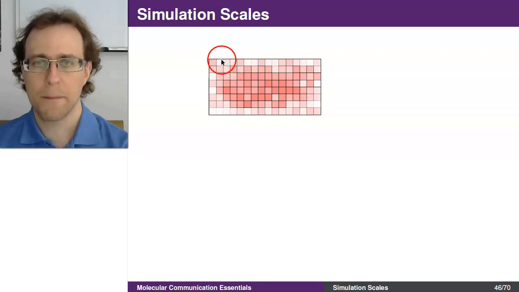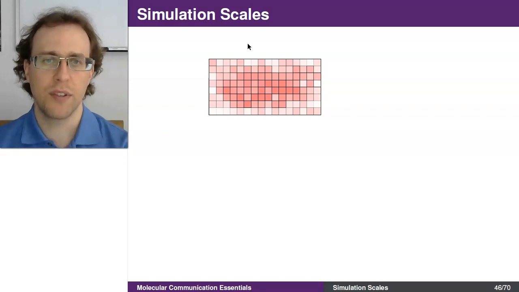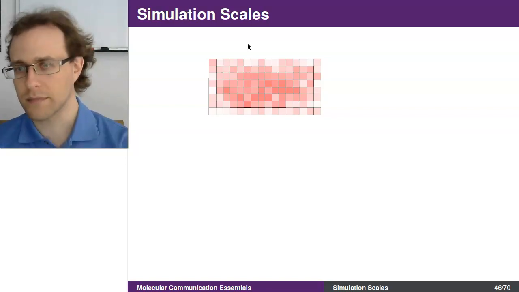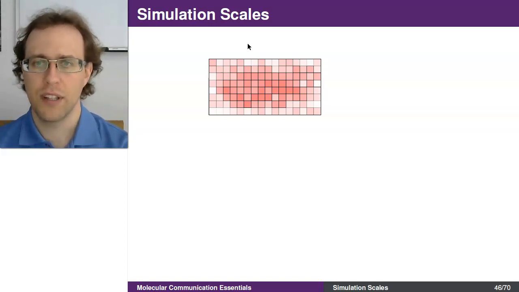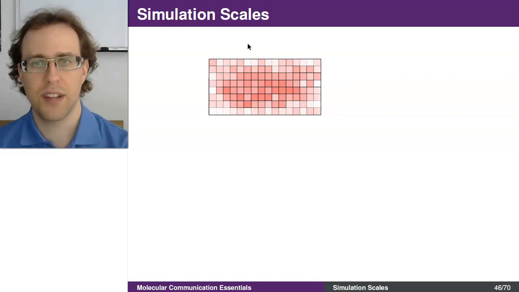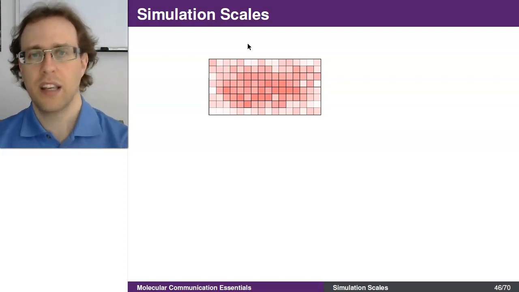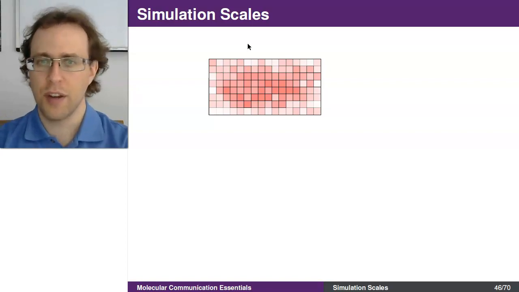Each grid cell can have associated with it a continuous value, so an analog concentration value for all the molecules that are in the system. And this approach is continuous in the sense that the values are analog. We use the deterministic expressions, or we can even use noisy variations of those if we add a noise term within each differential equation.